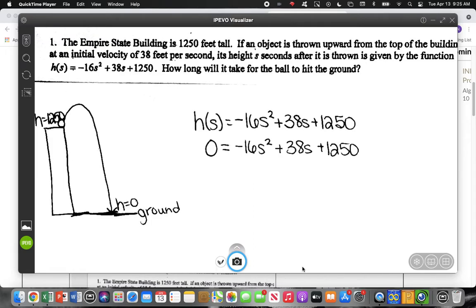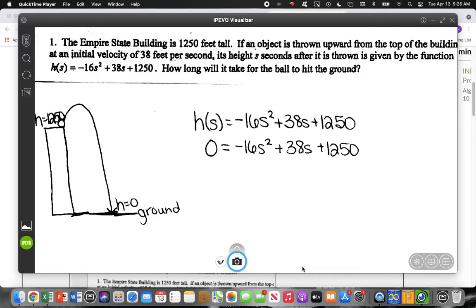All right, do you guys see an A, B, and a C there in this equation? So on this one, we are finding out when it hits the ground. Anytime you see something where it says like how far will it take to hit the ground, we're going to be solving with the quadratic formula.